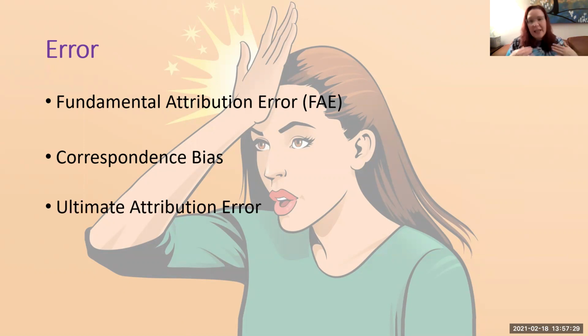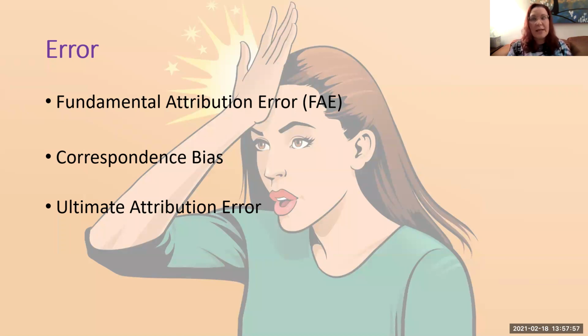Now, we can actually level up the attribution error that we can make and commit something called the ultimate attribution error. The ultimate attribution error is when we explain somebody's behavior based on what group we think they belong to. So, for instance, we could use a stereotype about a group of people to explain a specific person's behavior.